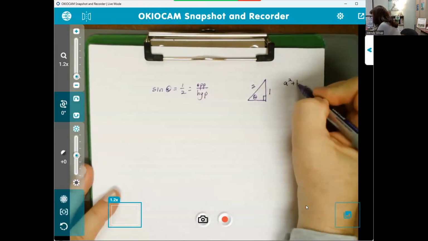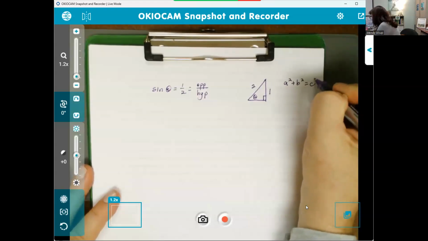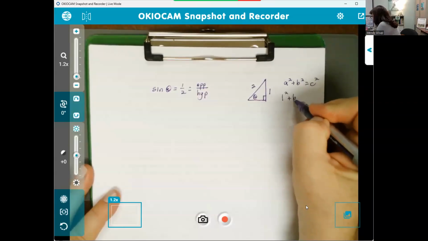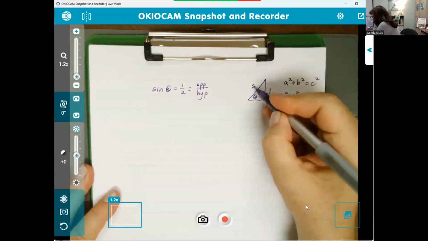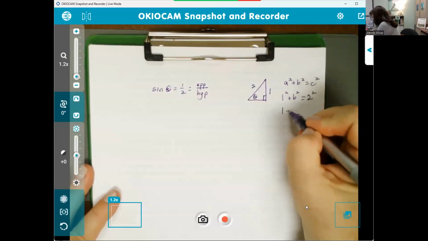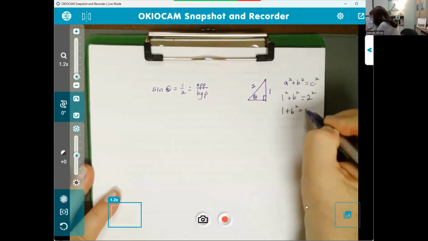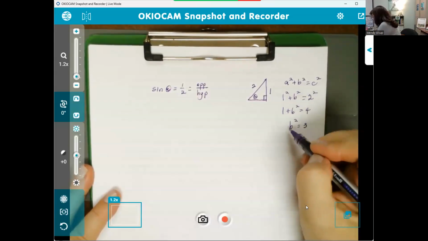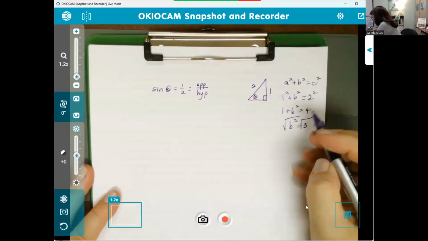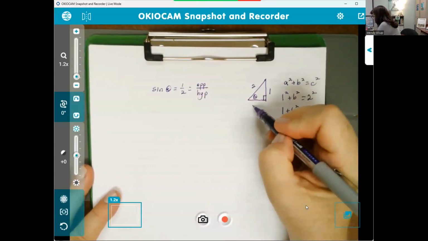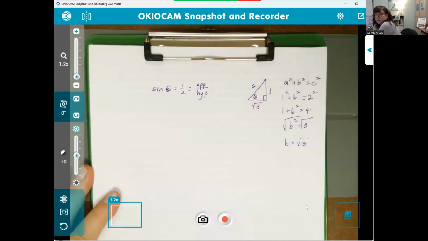So that third side is super easy to get. a is 1 squared plus some other side I don't know equals 2 squared, the hypotenuse squared. So 1 plus b squared equals 4. So b squared equals 3. Take the square root of both sides. b equals the root of 3. Okay, so I've got 1, 2, and the square root of 3.